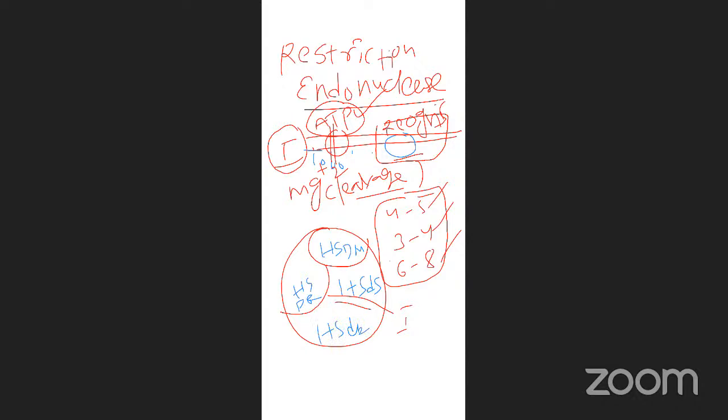So these are the different types of subunits. But here mainly HsdS is important for specificity, for recognizing the site to cut.